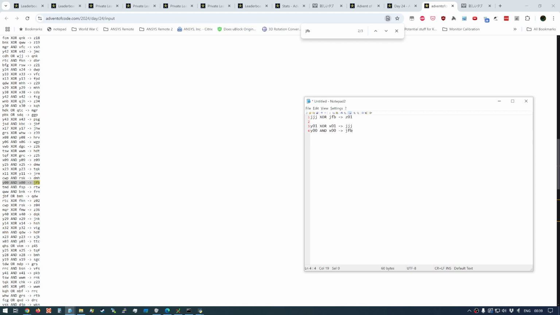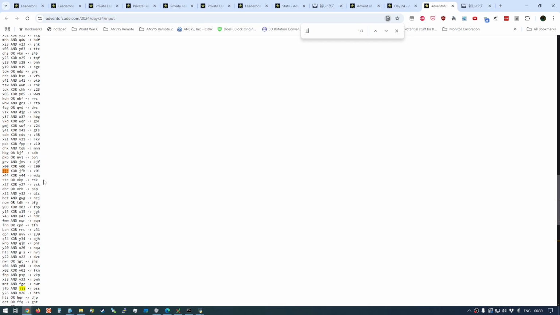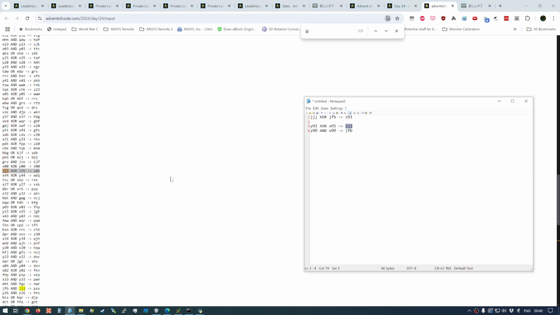So this is the carry bit. Right? That's the carry bit. That exclusive or is then going to be, so that's all correct. The first two are correct.